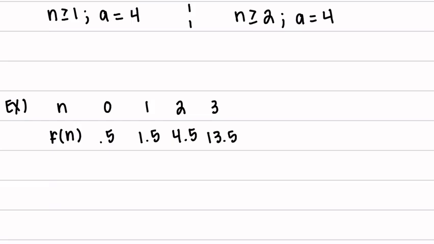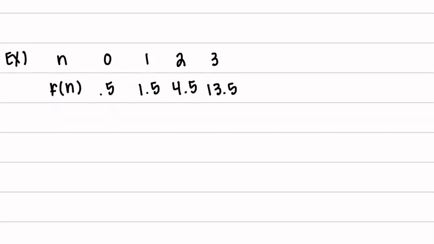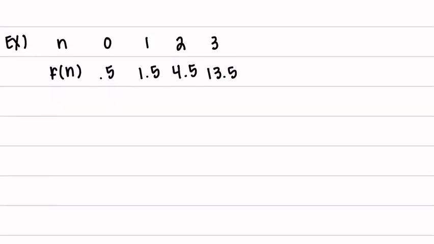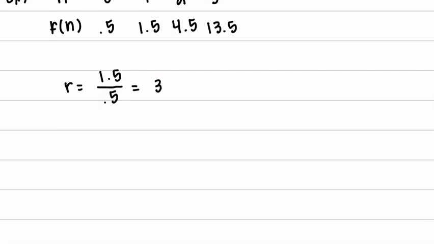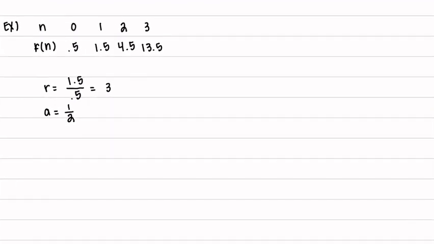So if I can't tell what my common ratio is by looking at it, we can take a term value. I'll just take 1.5, and I'm going to divide it by the previous term value. And 1.5 divided by 0.5 is 3. My initial value is 0.5, or I could say 1/2. And now I'm ready to write my rules.